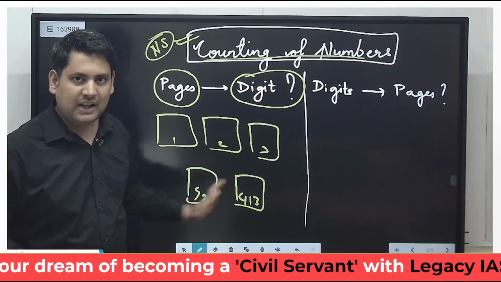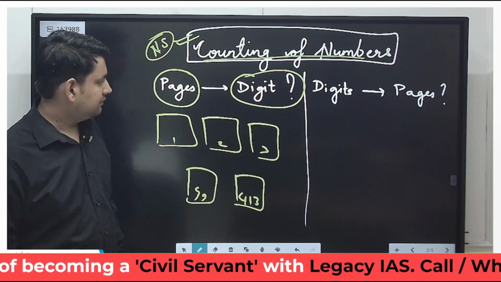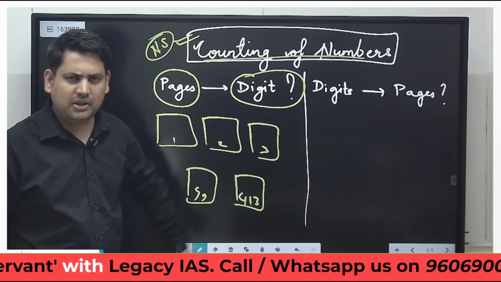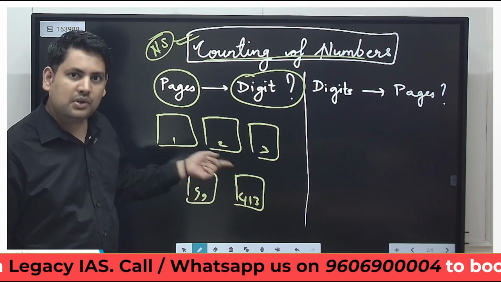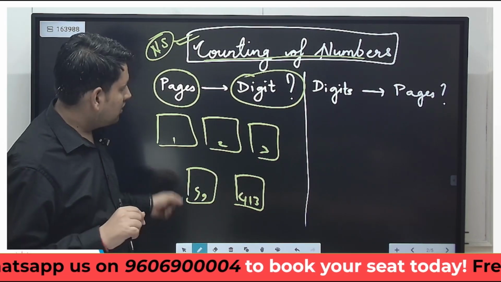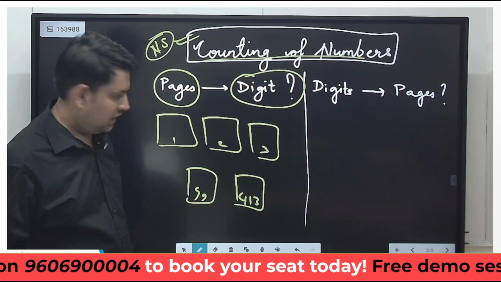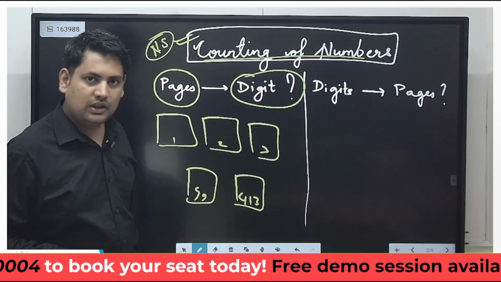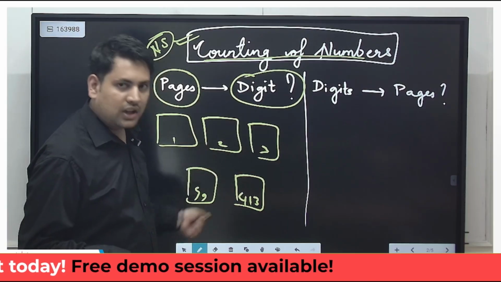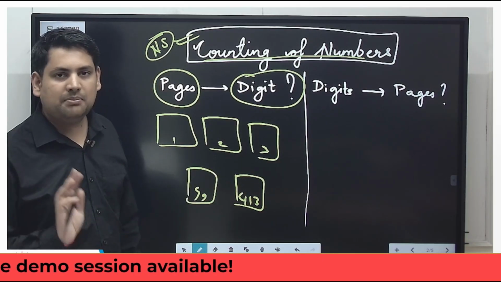Like this pages would be written. Now if you count the number of pages, let's say it's a 413 page book, so what is the number of pages? 413. But how many times you had to press a keyboard key to write these numbers? Correct? Or in other words, how many digits are used to represent these page numbers?